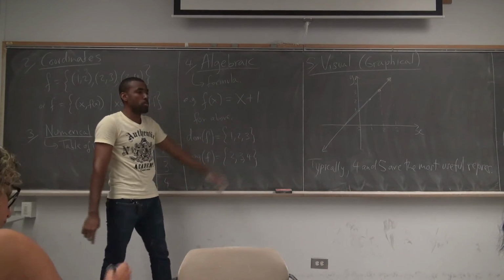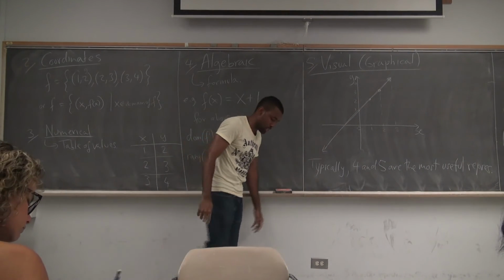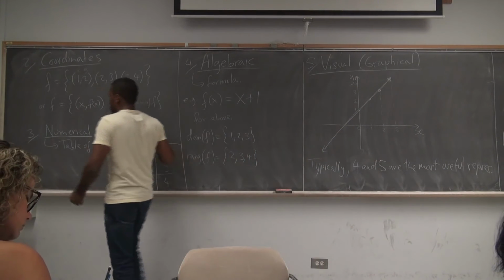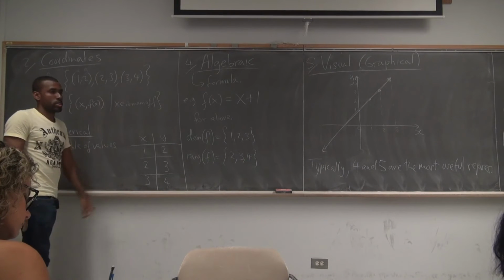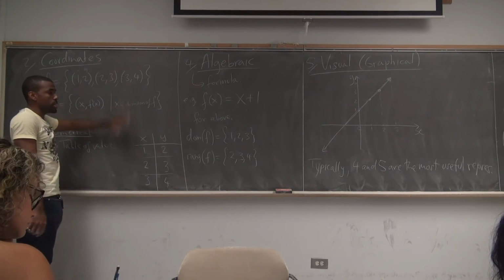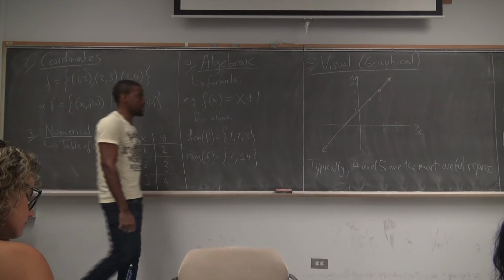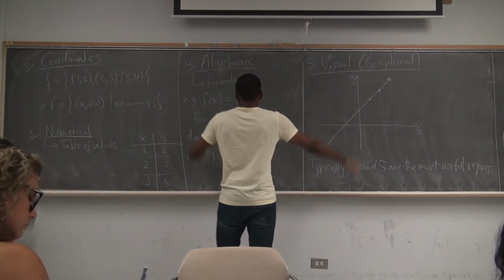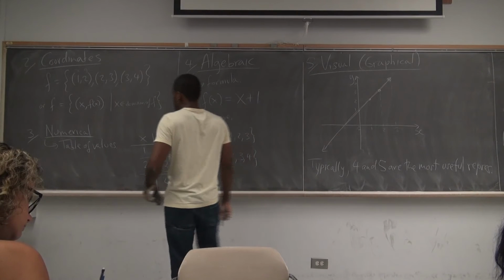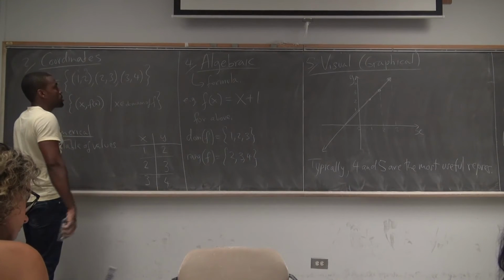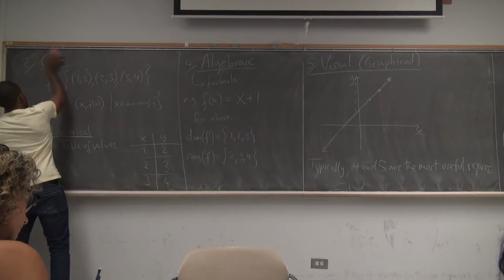I'm going to be giving you a formula, or we're going to be drawing a picture and using that to figure things out. We're not going to use tables or mapping diagrams. I'm not even going to write functions like this very often, but if you do end up seeing them at some point, you should be able to recognize that it's a function. But this is where we're going to live a lot of the time. Graphs and formulas. So those are several ways to represent functions. Functions and their representations, hence the title.